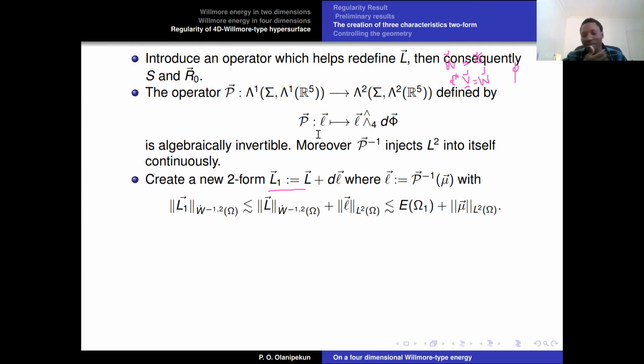S and R have almost the same differential identity as S naught and R naught.